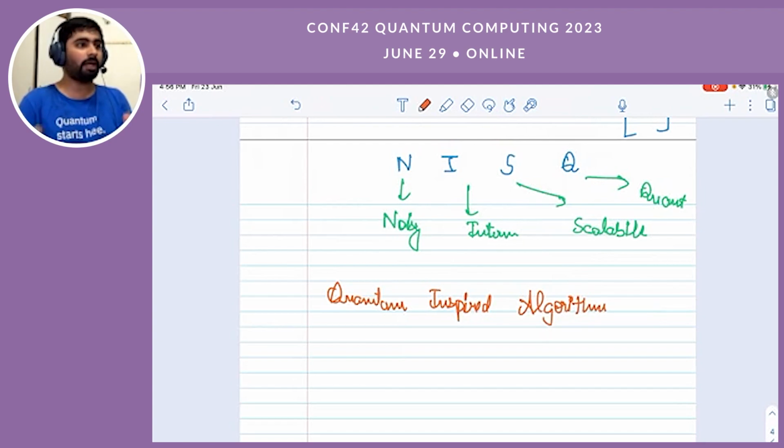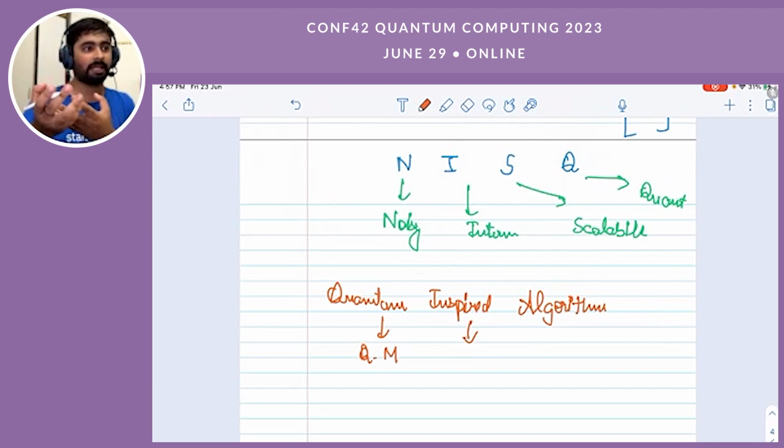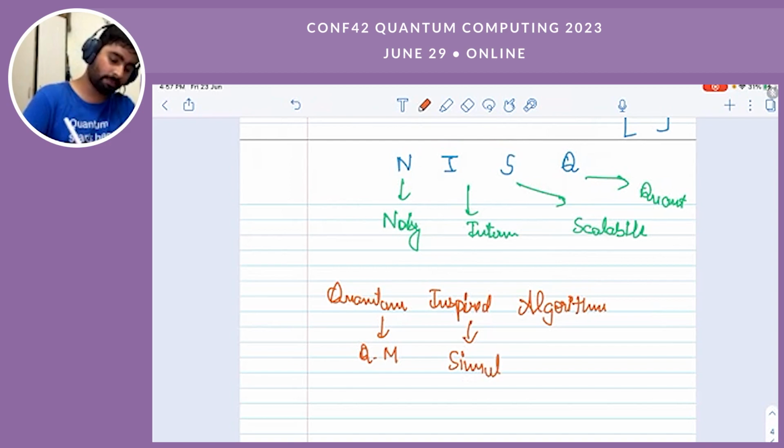Okay, so what are quantum inspired algorithms? Let's go with the wording first. We have quantum, which would mean quantum mechanics principles. Inspired, meaning that we are inspired by the principles. We are not exactly doing it in a quantum mechanics realm, we don't have that kind of hardware, right? But we are simulating those properties. So inspired would mean that we are simulating those properties.